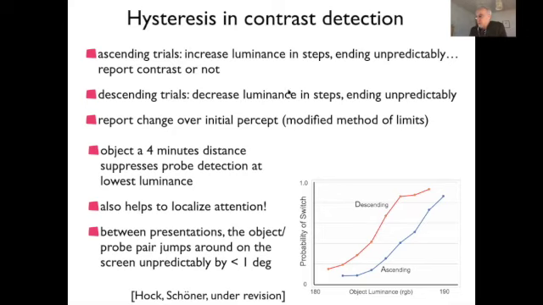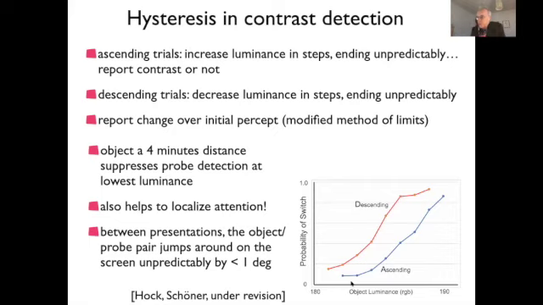We arrange the range of these effects such that in the increasing direction, initially you very likely see no object, and in the decreasing direction, we start at a level where you always see the probe initially. So when we're asking for any switch people observed, it's a switch from seeing to not seeing, or from not seeing to seeing. And the object is close, four minutes of arc away, where it suppresses the probe detection at the lowest level of luminance. That's how we can have a couple of values where there's initially a very low probability to see an object.